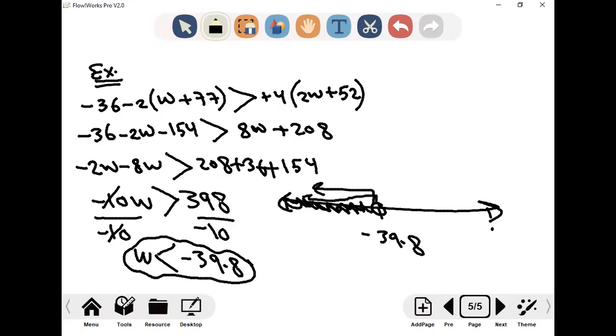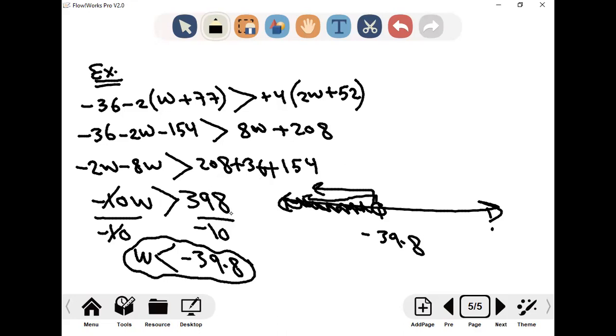39.8. I divided by negative 10, 398, because we divided by 10. By the way, are you sure about the answer of these numbers?